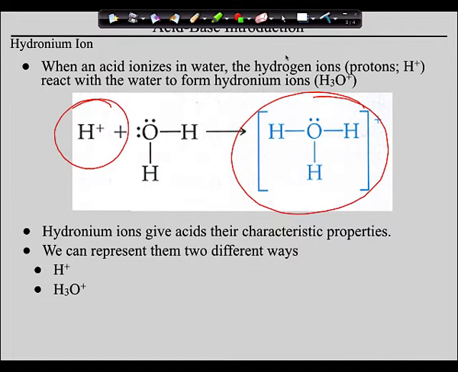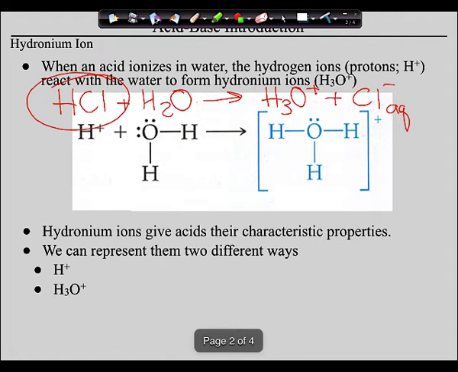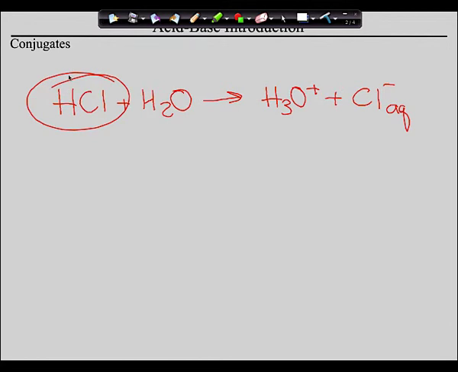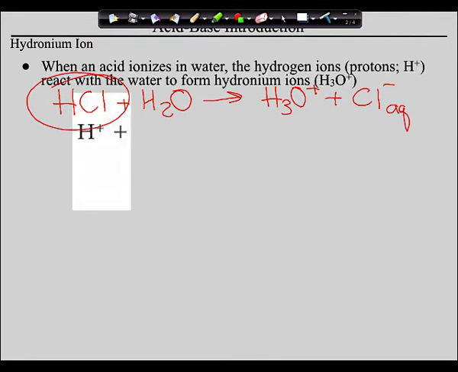But guys, let's go back to our example. In our example of HCl, guys, how much hydrogen ion is in a bottle of HCl aqueous acid? How much hydrogen ion is there? None. Guys, every time we put a molecule of HCl into water to form an acidic solution, it gives away one H. Okay.